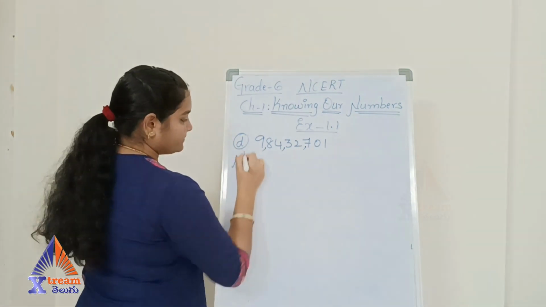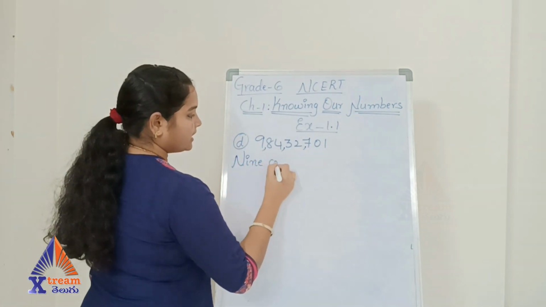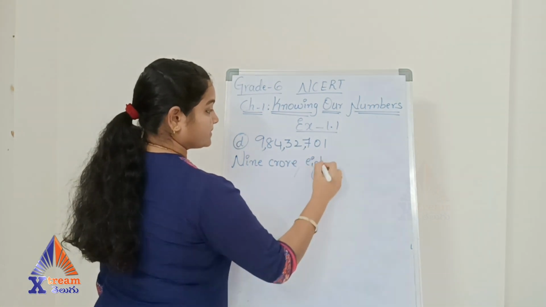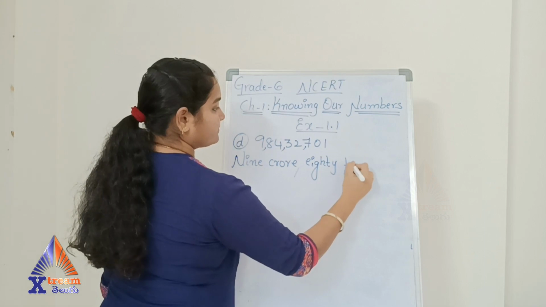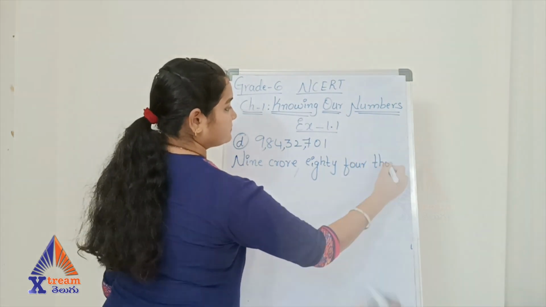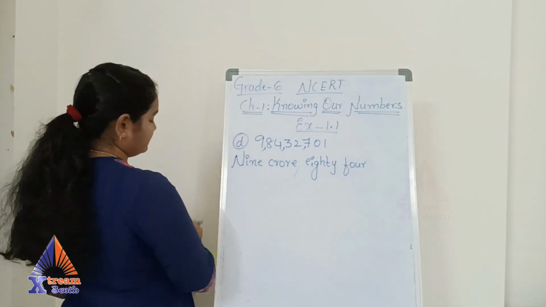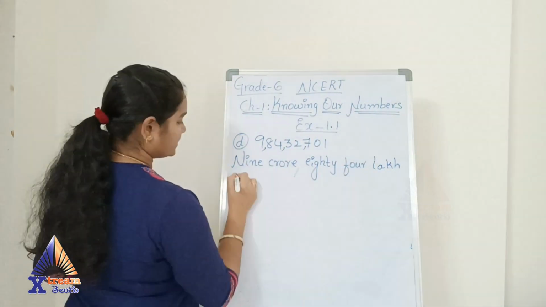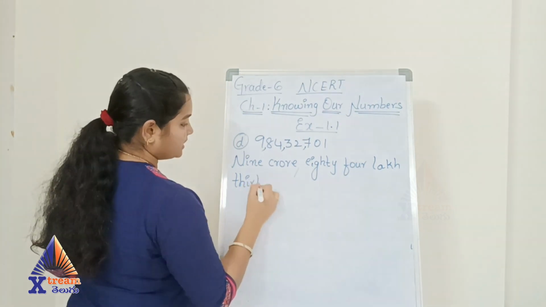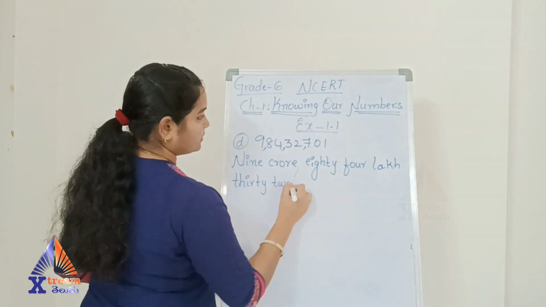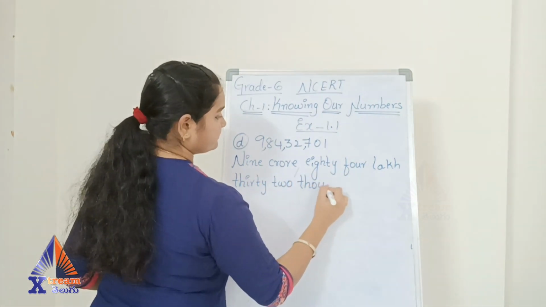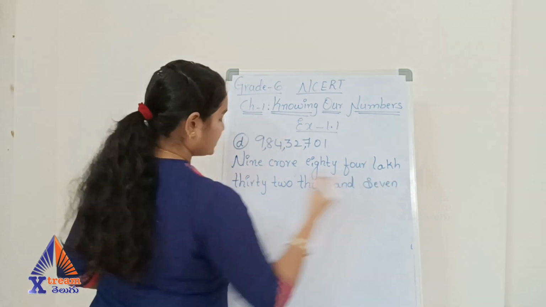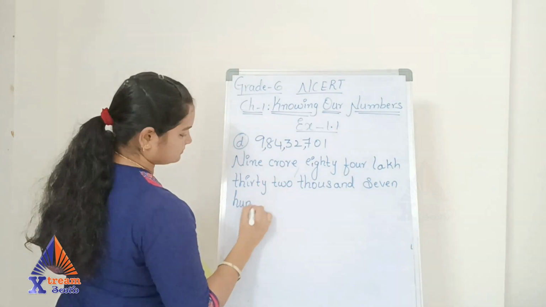So I have 9 crore, see, I'm giving commas here also, 84 lakh, 32,000 701.